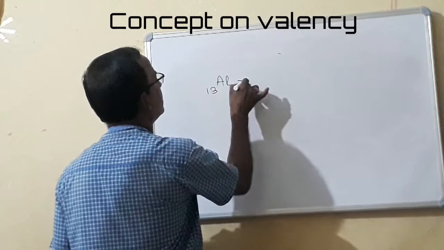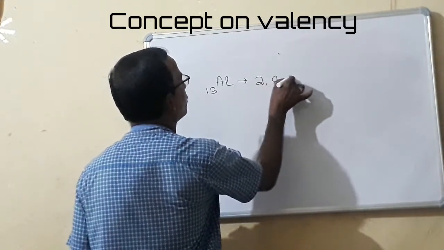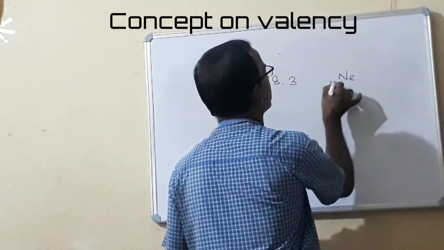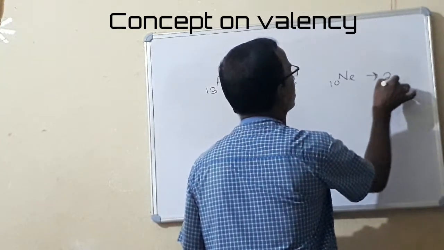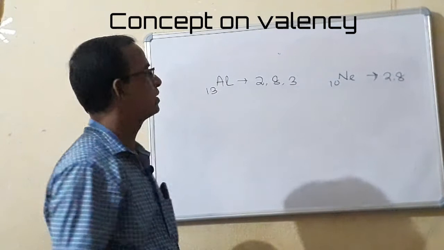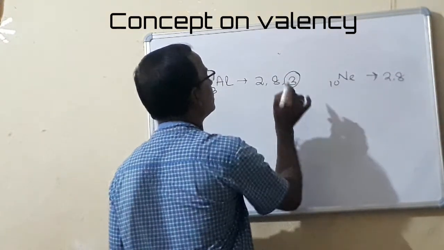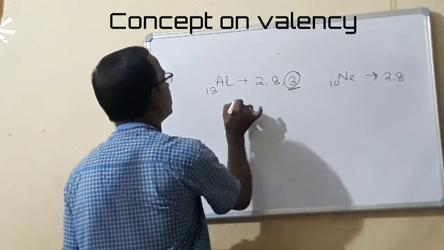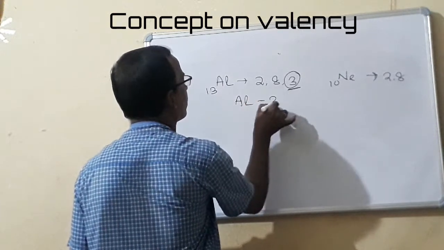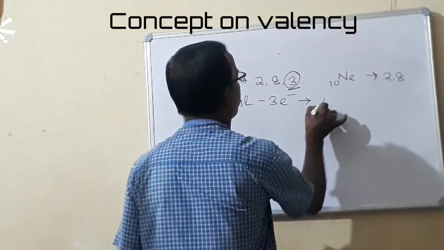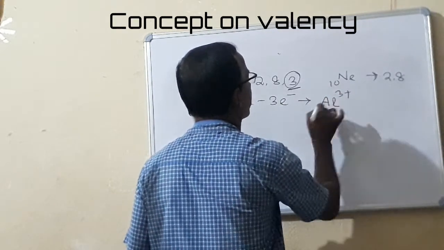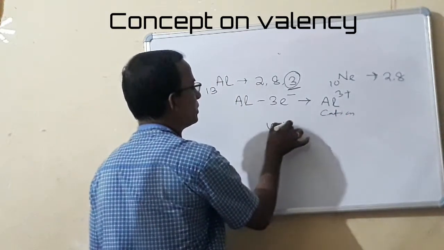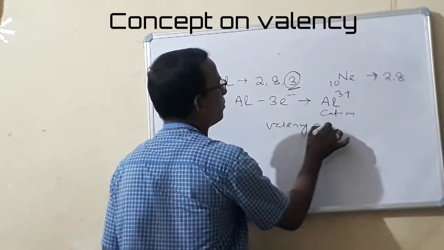Atomic number is 13, its electronic configuration is 2, 8, 3, and its nearest noble gas is neon 10, that is 2, 8. So aluminum has 3 excess electrons than the nearest noble gas, so it will donate these 3 electrons to be stable, forming Al3 plus, a cation, and its valence is equal to plus 3.